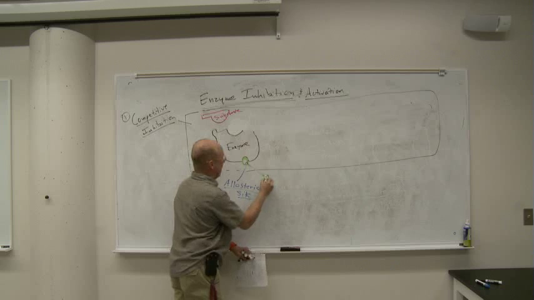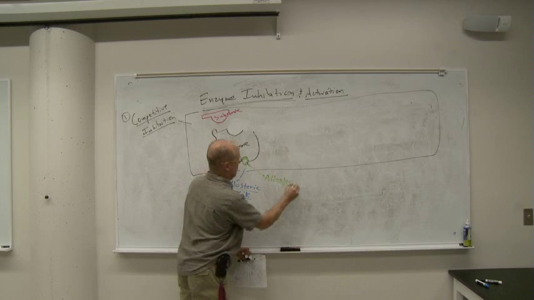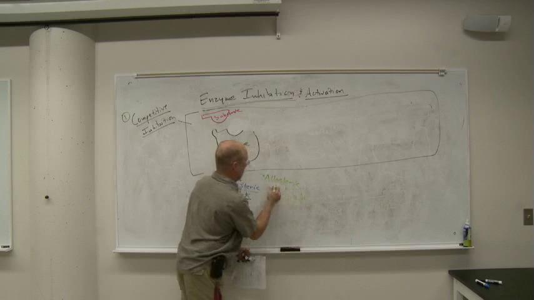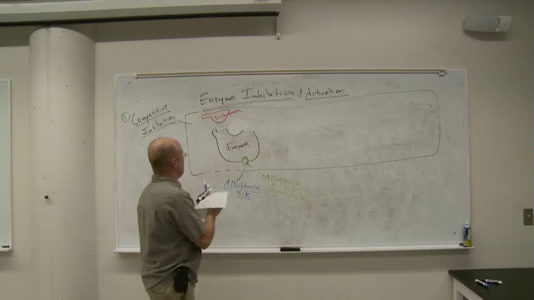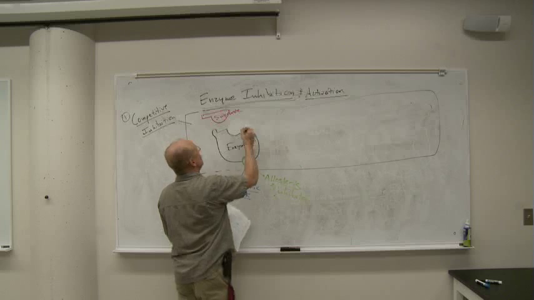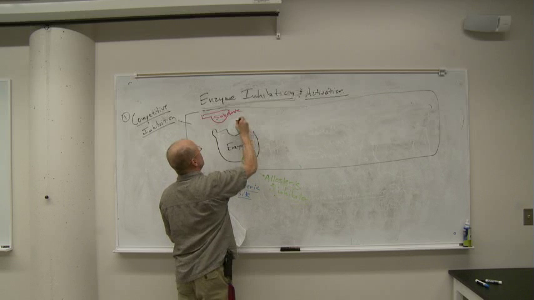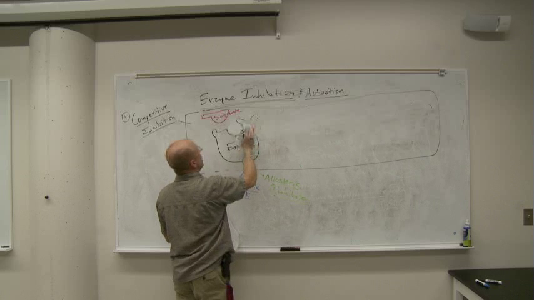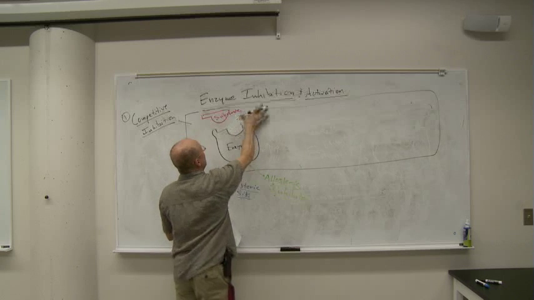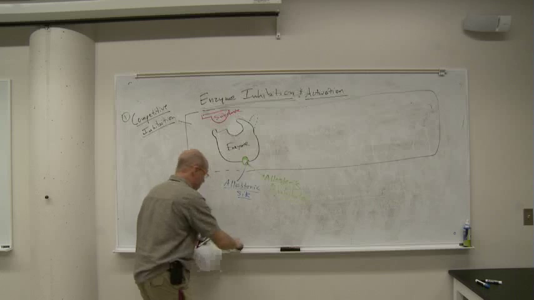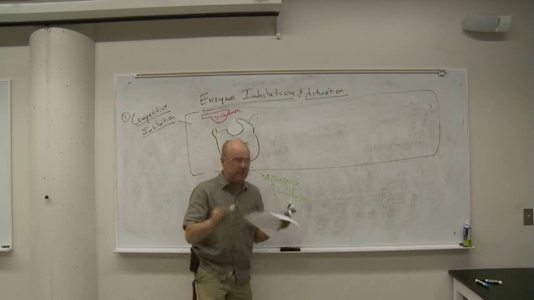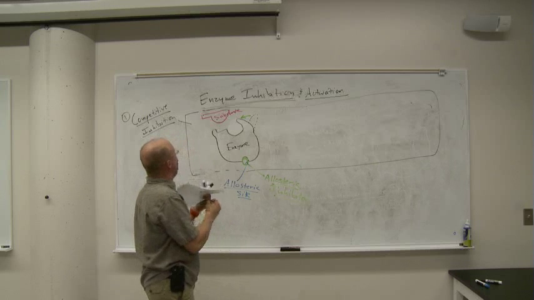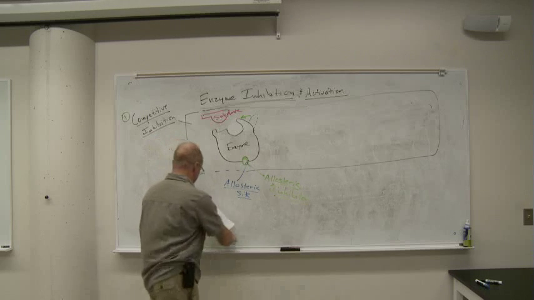This is called an allosteric inhibitor. And when that thing binds, it changes the shape of the enzyme. Here's the way the enzyme used to look, right? But now, because of the allosteric inhibitor, it's sent a shockwave through the entire enzyme and changed its shape. And now the substrate can't fit.